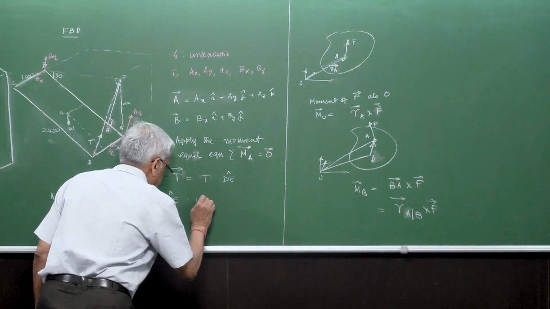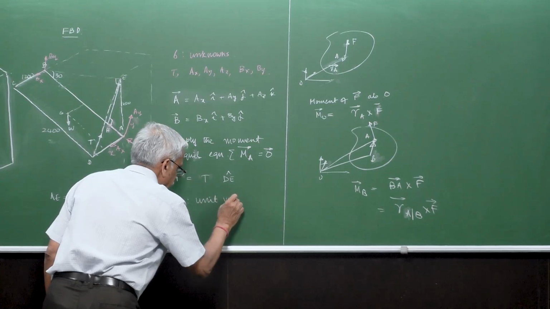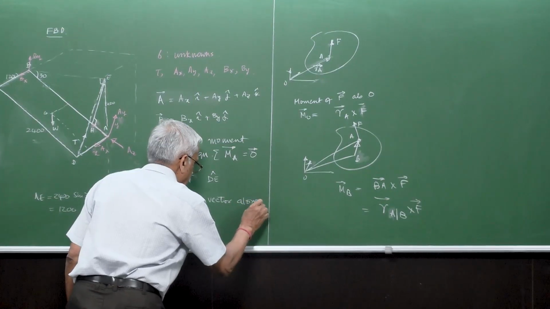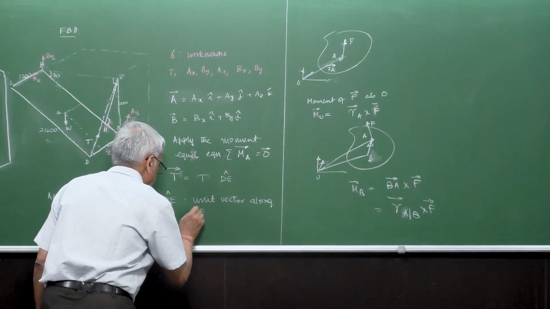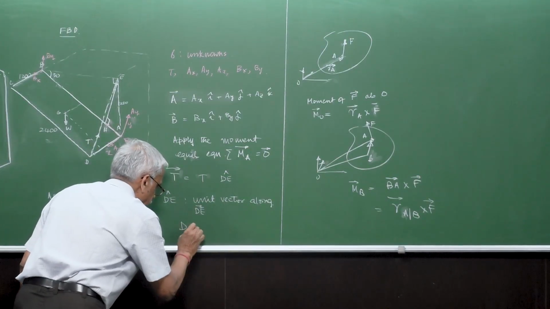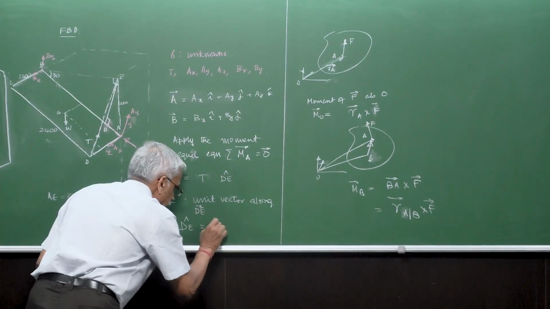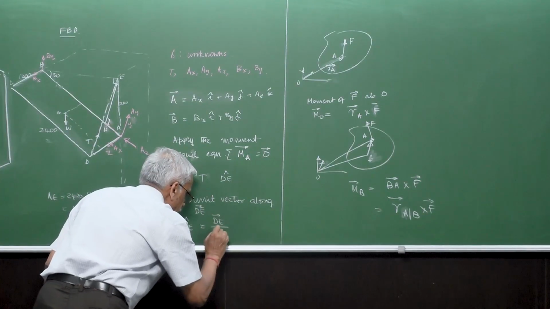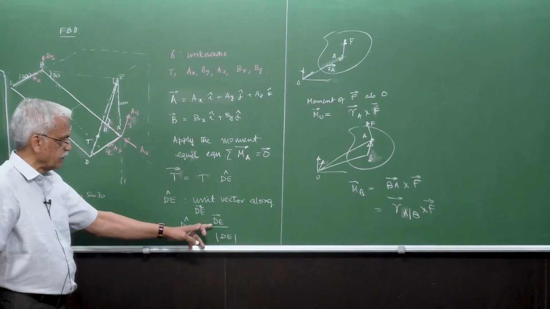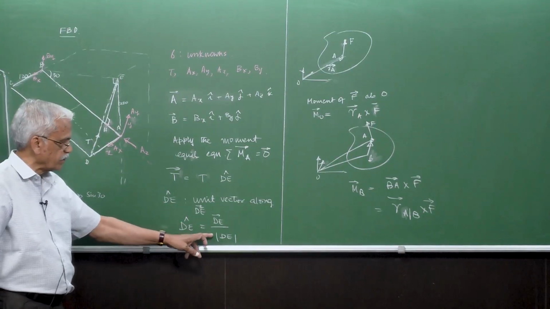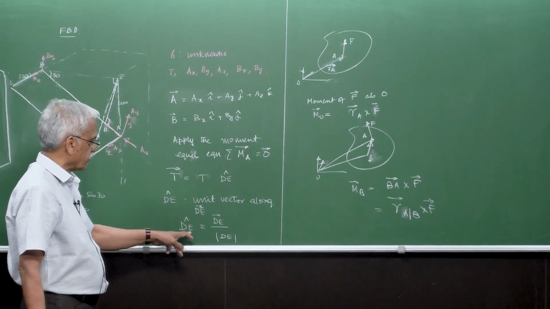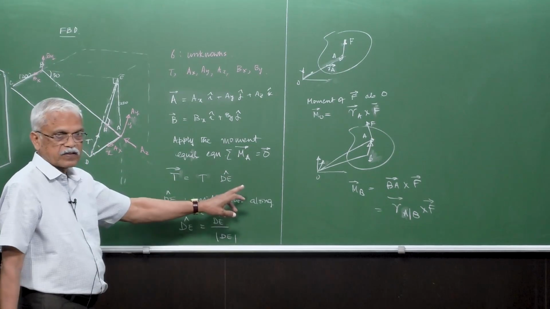As we had done in our last problem, if you take the vector DE by itself and divide by its magnitude, that will give you a unit vector along DE. So this is how we represent a force.